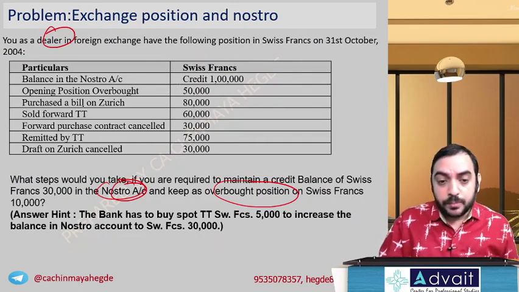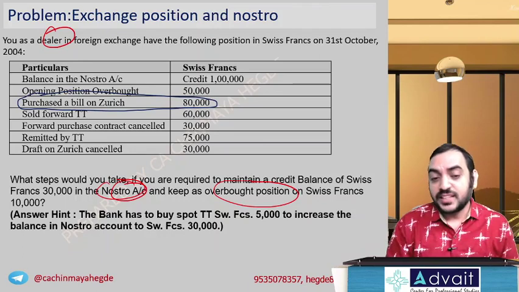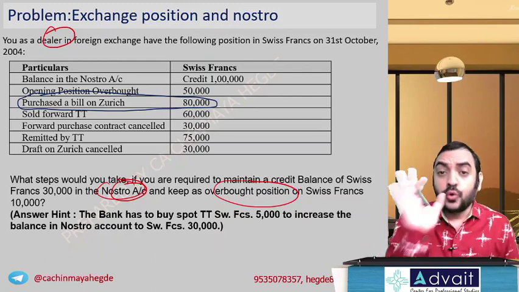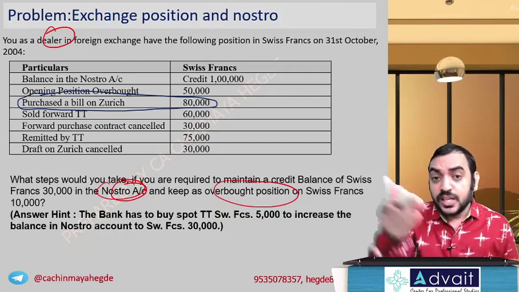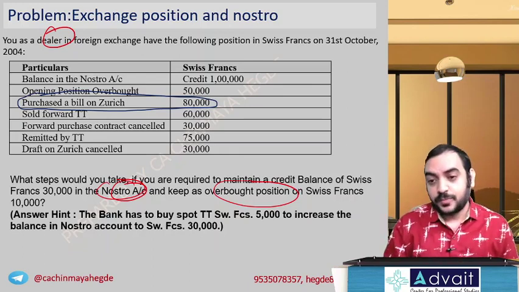Okay. Purchase the bill on Zurich. Zurich means it is in Switzerland, so it's about the Swiss currency, but okay. Purchase the bill: does it mean a cash transaction or a forward transaction? Purchase the bill does not mean you have purchased in currency terms. It's not a cash transaction. It's a bill, it's a contract.